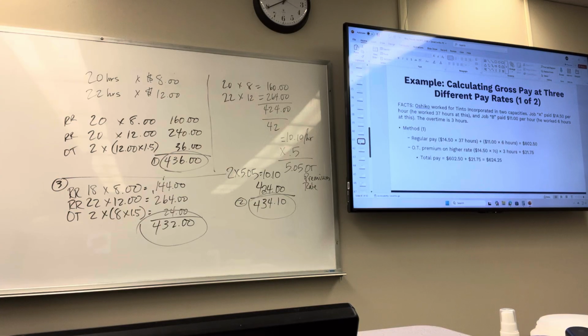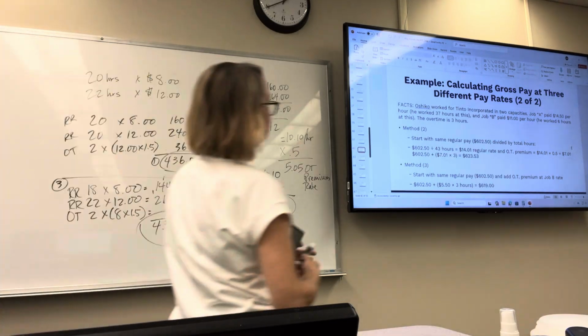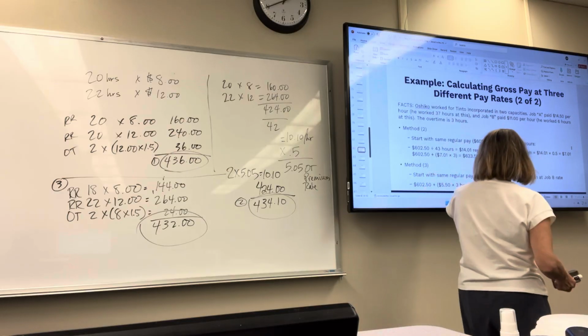Did they say it back here? All right, so it's job B. They're telling us that job B, overtime premium at job B rate. They weren't real clear about that, but it's job B that he worked the overtime in.